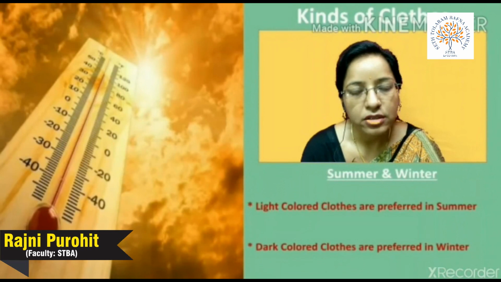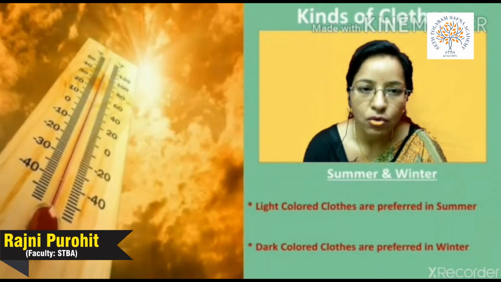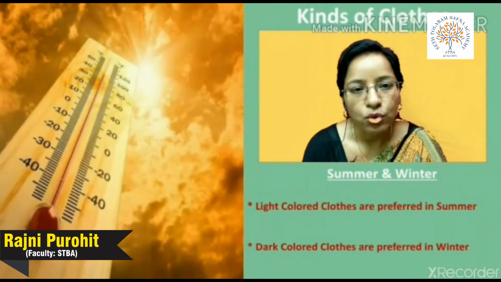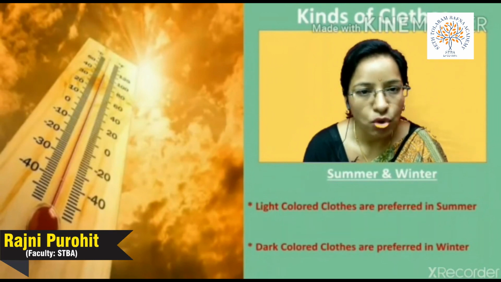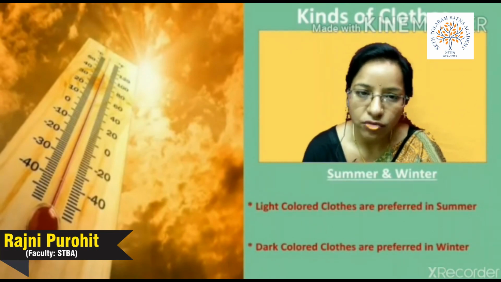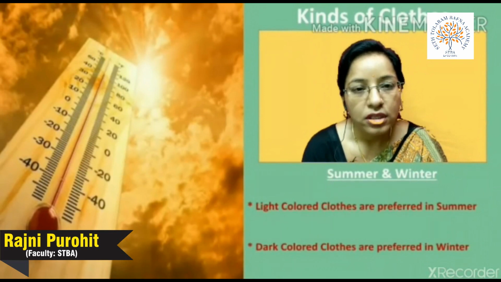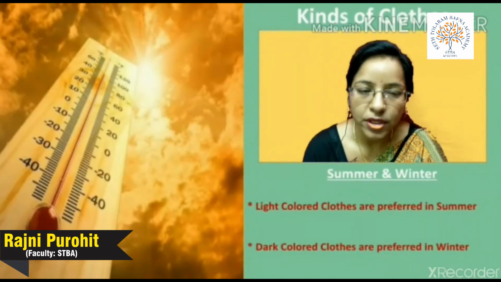In this context, we will discuss why people prefer light colored clothes in summer and dark colored clothes in winter. As we know, summers are too hot, and light colored clothes absorb very little heat and reflect more, whereas dark colored clothes absorb more heat and thus keep us warm in winter.